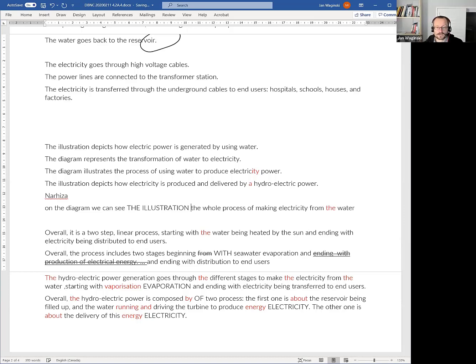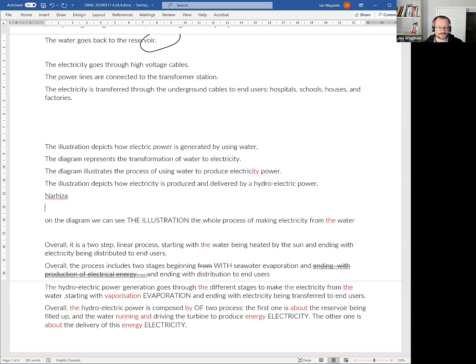And Nerissa, what is a synonym for shows? Let's just write down the whole sentence, because you really need to paraphrase it and not use the same words that are in the original, because that doesn't show your work, right?